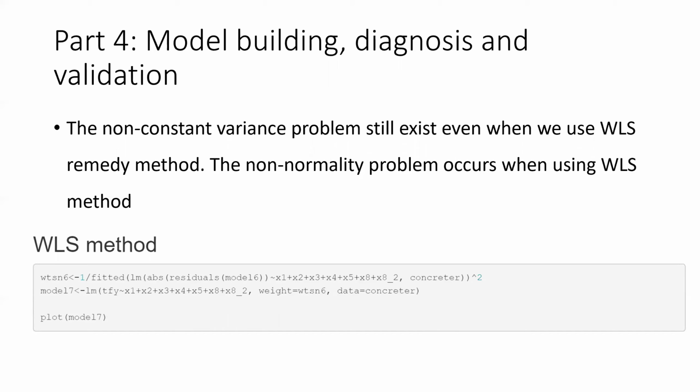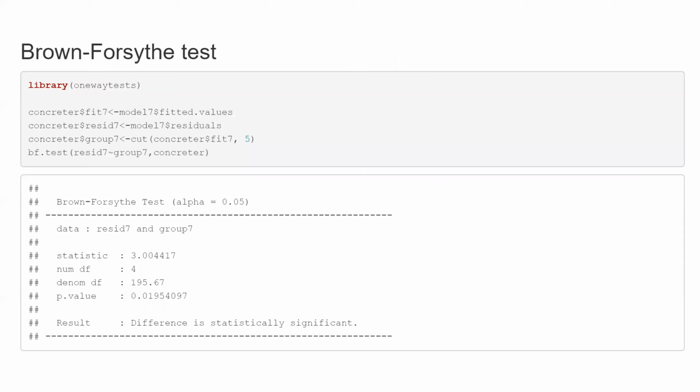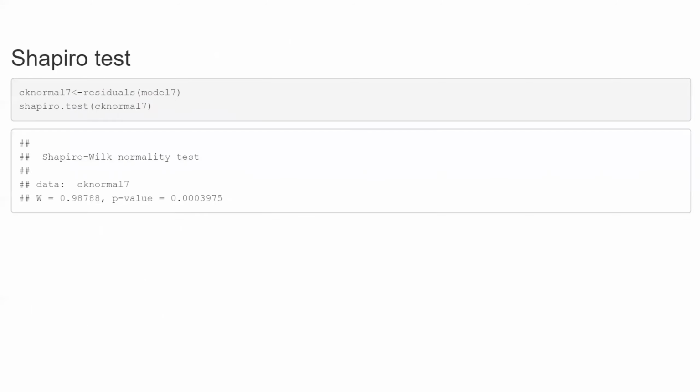The non-normality problem occurs when using WLS method. As we can see, the only violation is non-constant variance. So we consider WLS method. From the BF test, the result is that the constant variance assumption is violated. And the normality assumption is also violated.